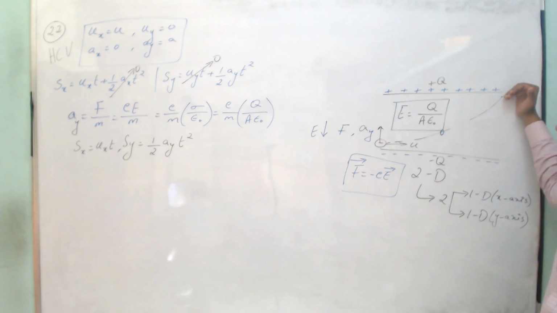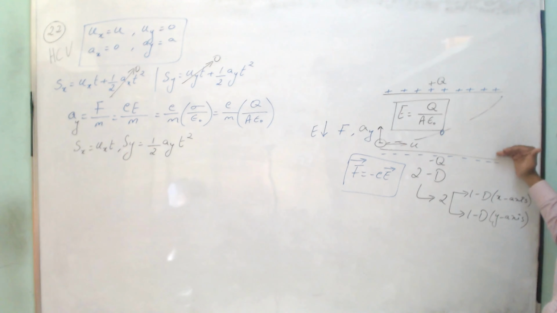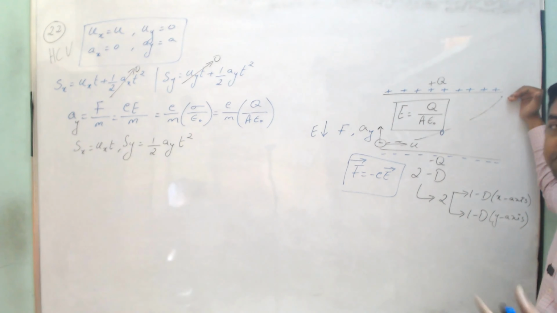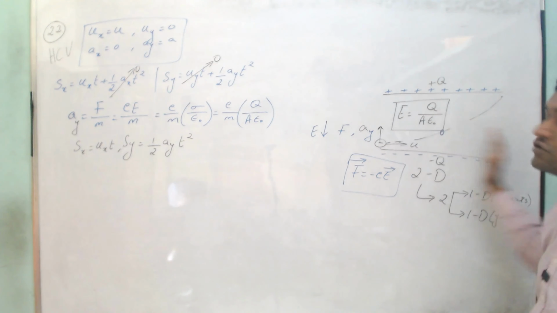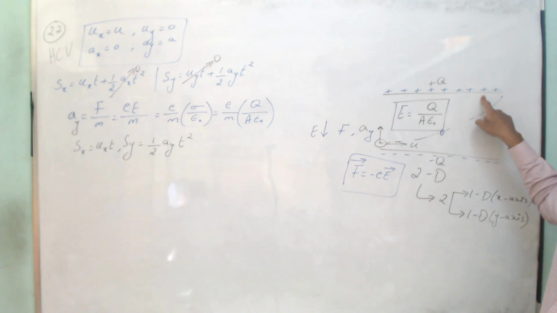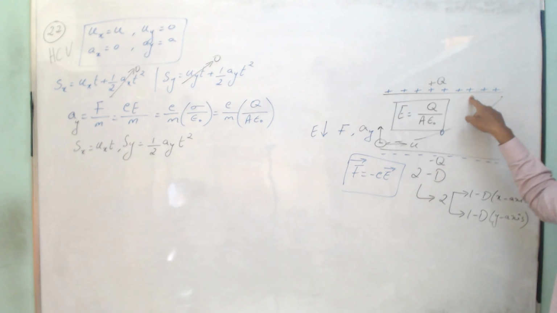That is the condition. Now, what happens if it displaces between the plates faster than the horizontal thing? It will hit the plate somewhere. Can that also happen? It will hit somewhere, right?